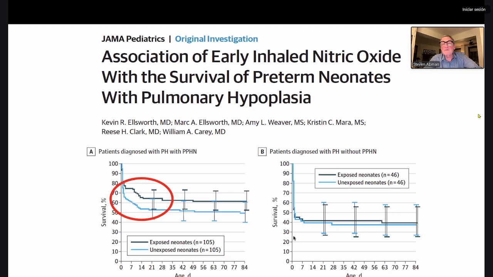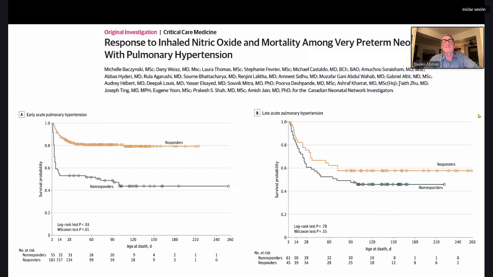And so what was mostly emphasized was the lack of reactivity and the high mortality, except in those who really carried this diagnosis of PPHN, which is really intriguing, of course, because, again, not all prematures with hypoxemic failure have PPHN. And so we have a targeted therapy for those babies that may be particularly responsive.